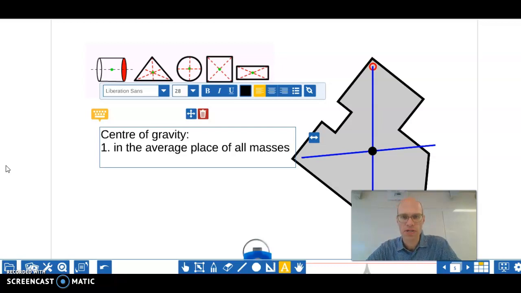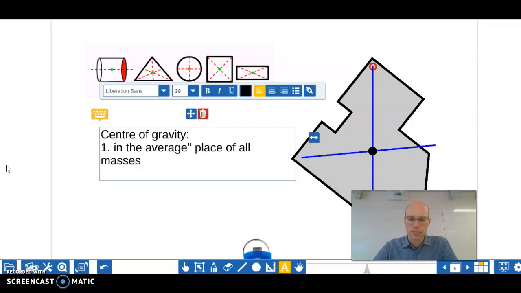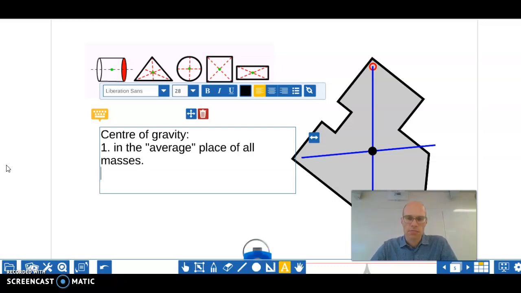And somewhere is the average or the middle, but if you don't have a regular shaped object, it is not the middle. And the average should not be taken literally, because if something is very, very far away from that center, it contributes more to it than other parts. That's the center of gravity.